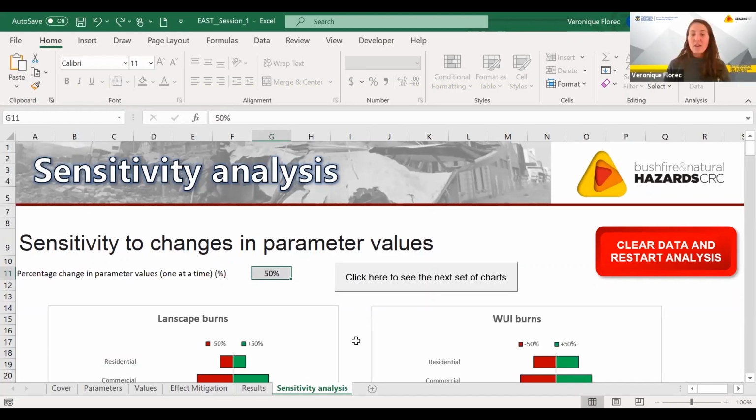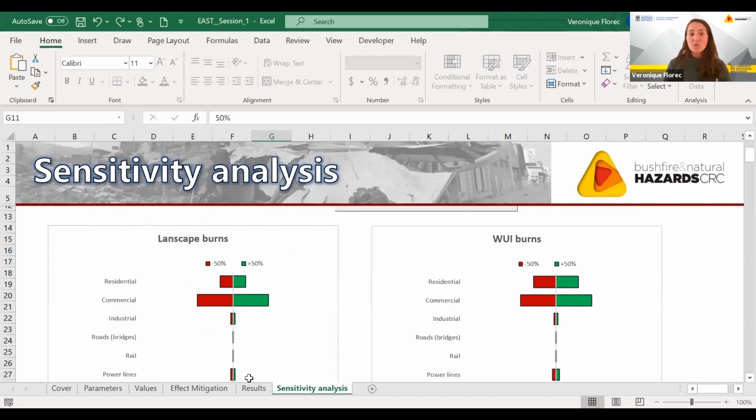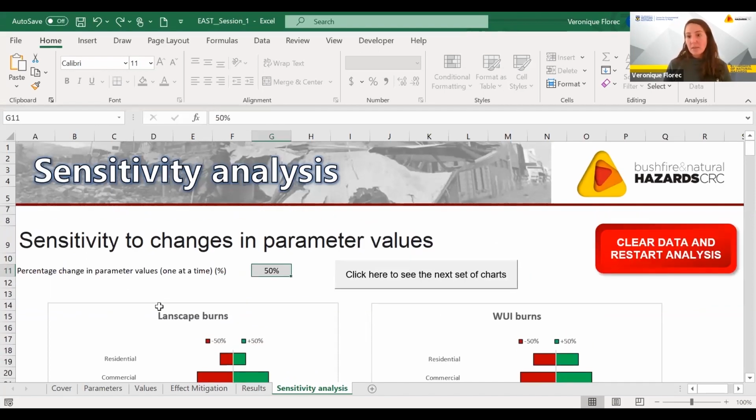So the further out the bars extend, the less confidence you have in your results and the more information or accurate data you need for that particular item to make sure that you can trust your decisions. So if you're going to make decisions based on these results, you will possibly say, okay, let's do landscape burns.